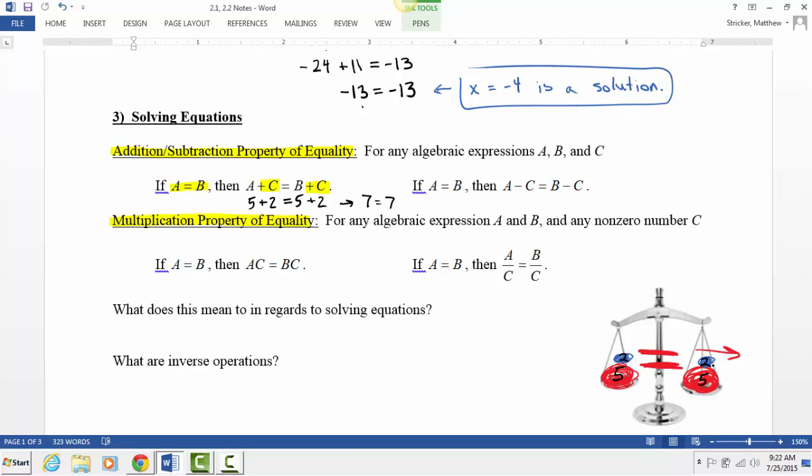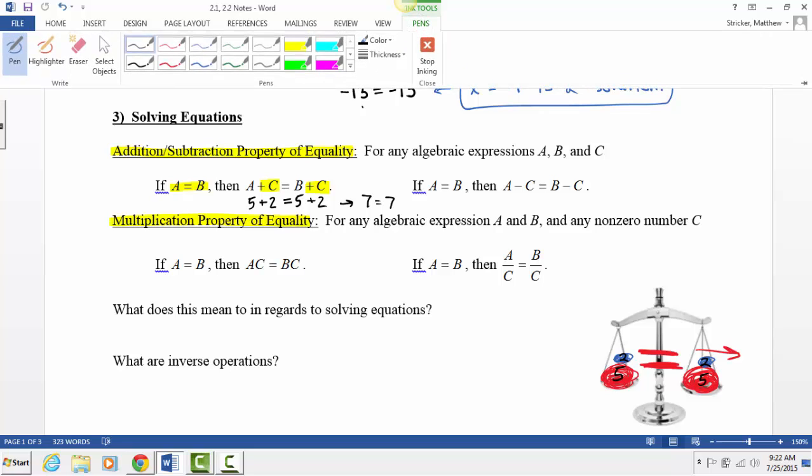You can change equations however you want. You can add things to both sides. You can subtract things. You can multiply, divide. The important thing is if you do it to one side, you have to do it to the other side. Let's write that down.